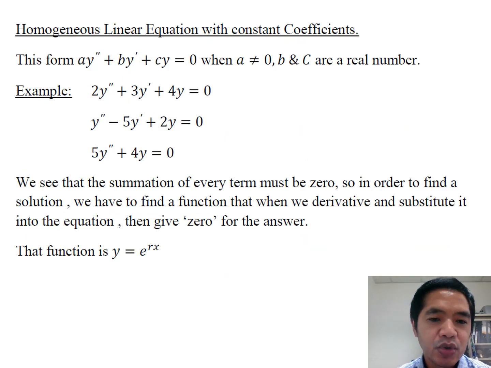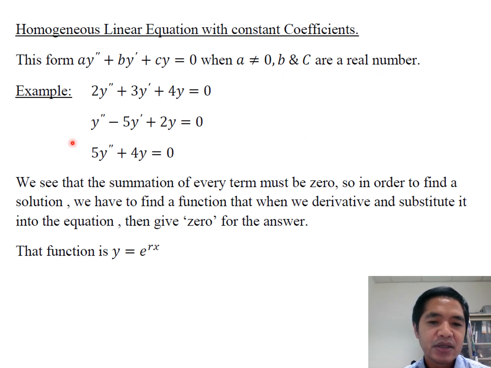Now take a look at the homogeneous linear equation with constant coefficients. This is the simpler case of the linear second ODE, where the term g(x) equals 0, which means it's a homogeneous linear equation. It's in this form: a y double prime plus b y prime plus c y equal to 0, where a is not equal to 0, and b and c are real numbers.